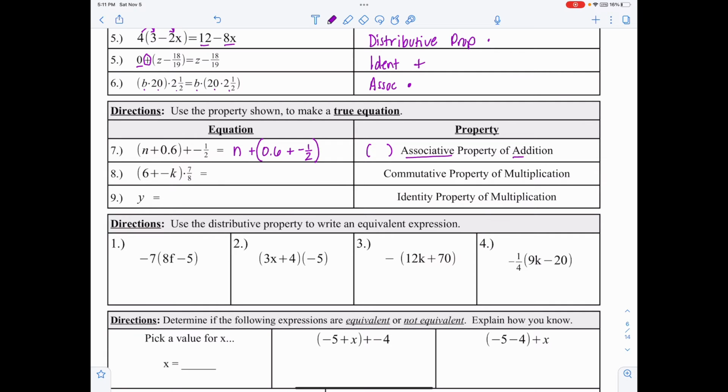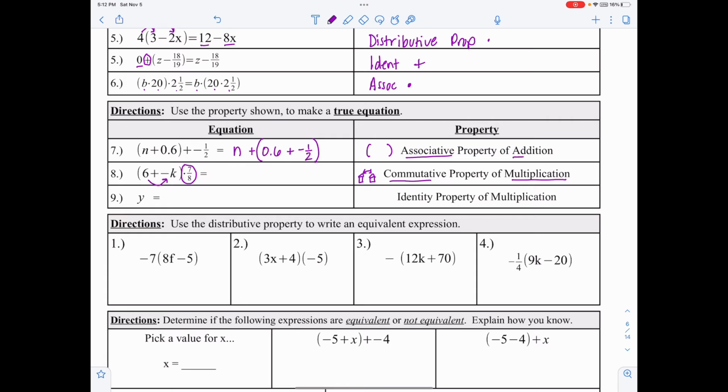All right, the next one, they want us to show the commutative. Commutative, remember, is moving the houses around in the same community, and that's okay. So I could do a couple things. I could move this times 7/8 over to the other side. Actually, you know what? It is specific because it's of multiplication, the thing that I'm moving around is this multiplication problem.